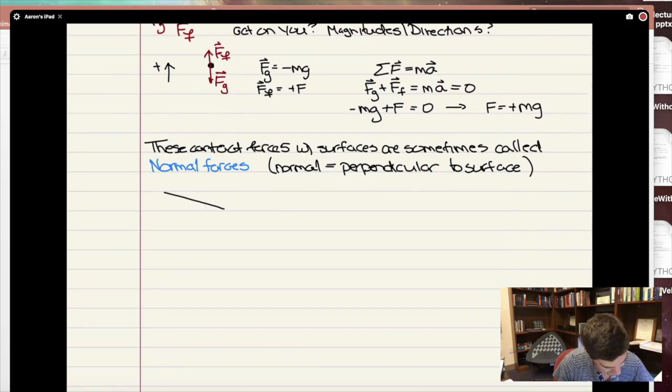I could draw a ramp and there could be a box right here. The box is in contact with the surface of the ramp, and as a result, there is a normal force, sometimes given, I think your book uses capital N, but really it's just a contact force with the ramp. And in this case, it's again pointing perpendicular from the surface, but at an angle. It's not always straight up, for example.